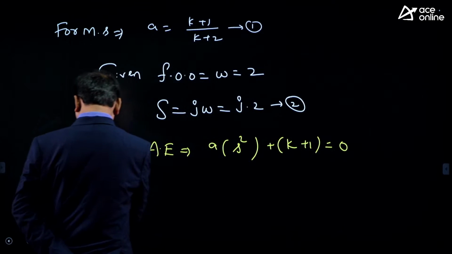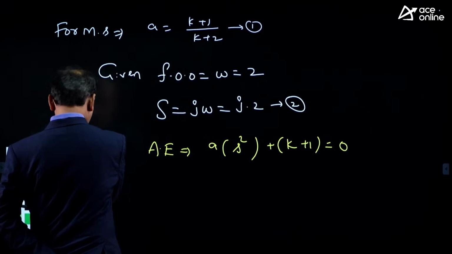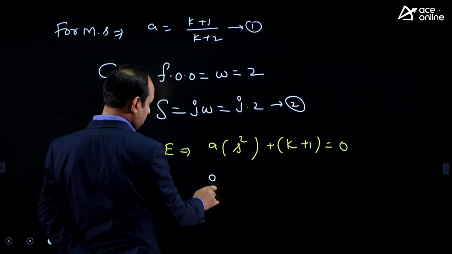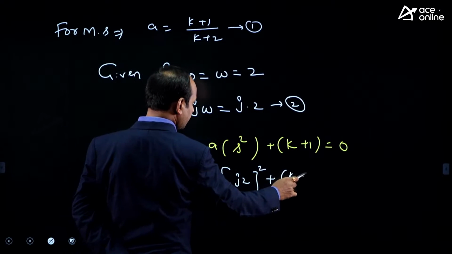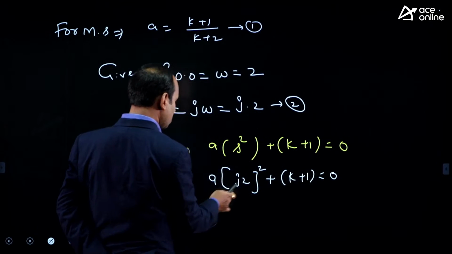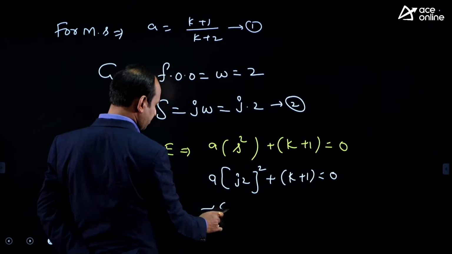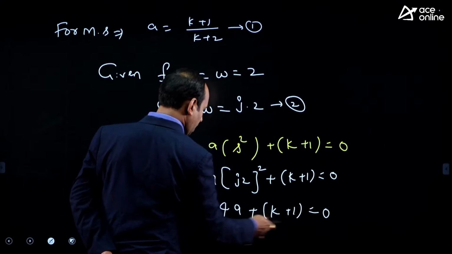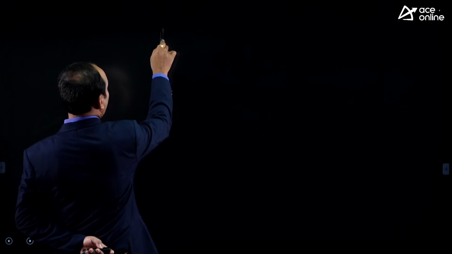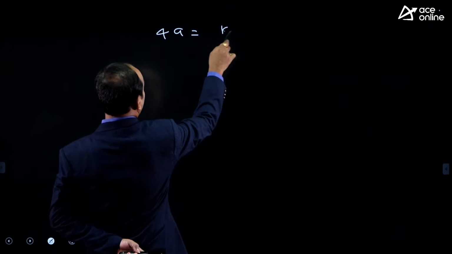Now substitute the s value. What is the s value? j2. Substituting, a(j2)^2 plus (k plus 1) equal to 0. So minus 4a plus (k plus 1) equal to 0. Next we can write 4a equal to k plus 1.